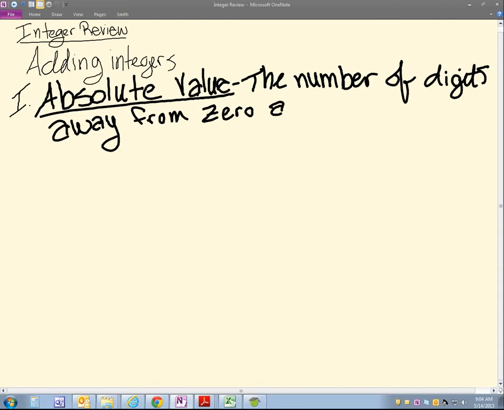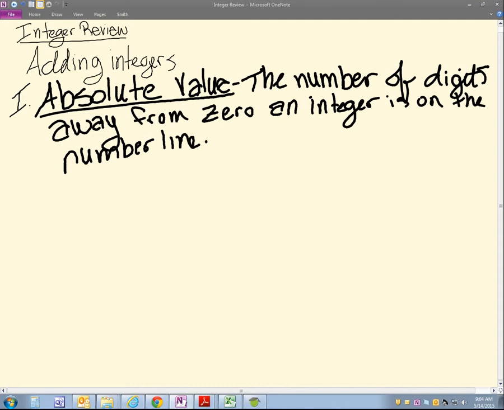An integer is on the number line. The number of digits, numbers away from 0.